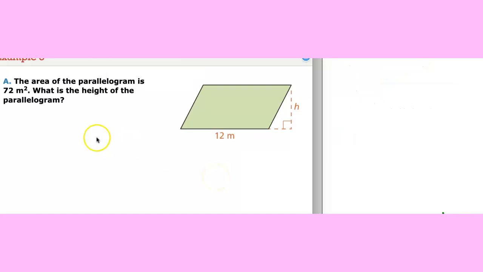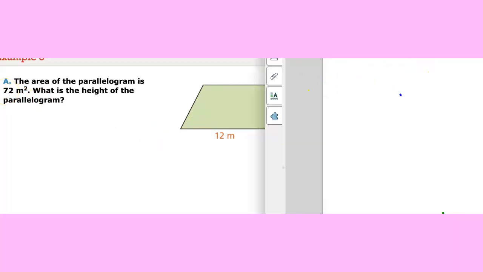All right, let's have this example. The area of a parallelogram is 72 square meters. What is the height of the parallelogram? Here is the parallelogram, and let's find the height if the area is given.